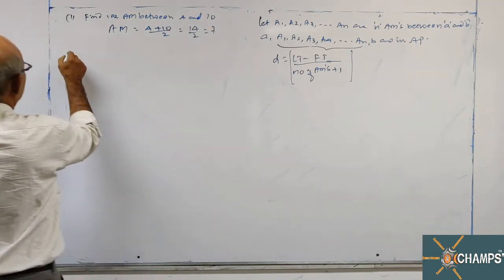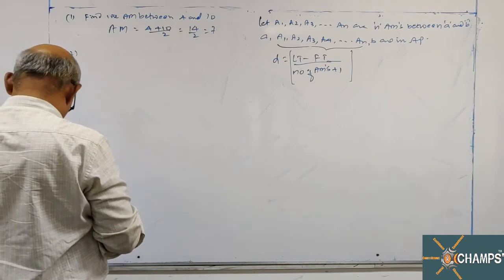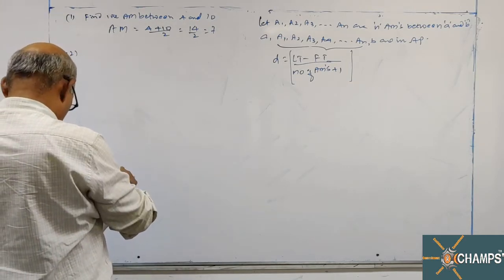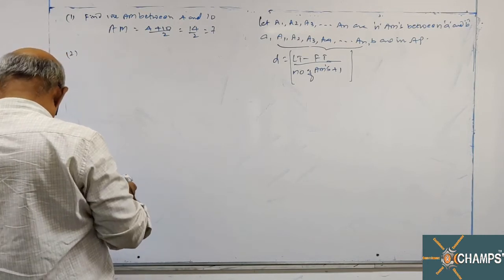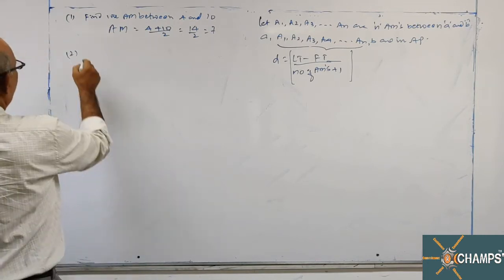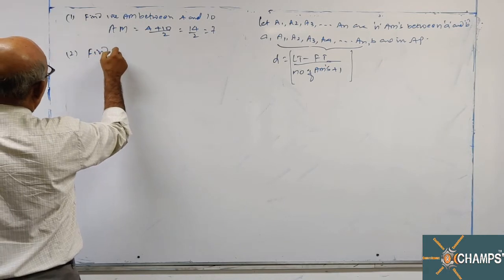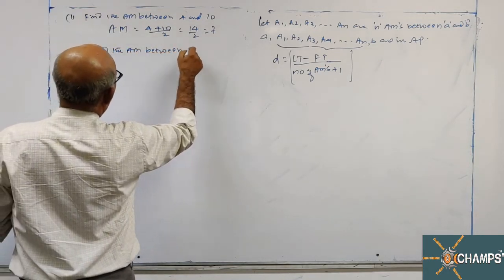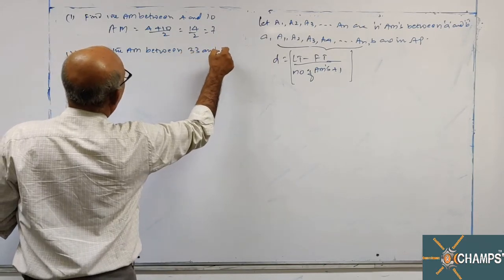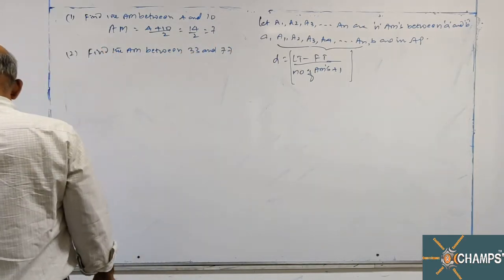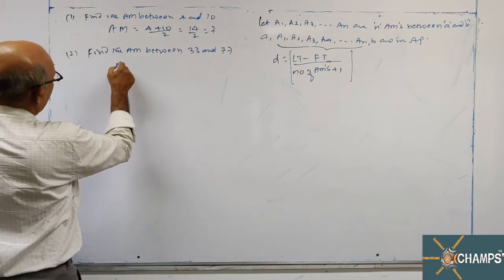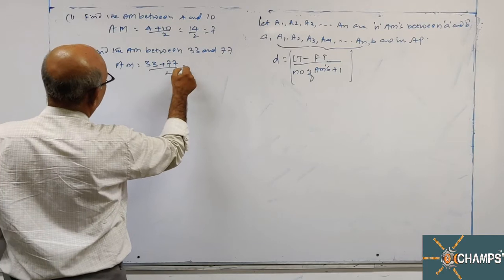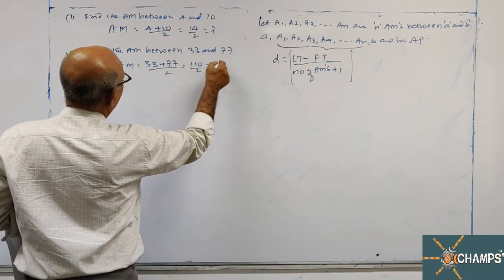This is 7. Question number 2. Find the arithmetic mean between 33 and 77. So arithmetic mean is 33 plus 77 by 2. 110 by 2, this is 55.